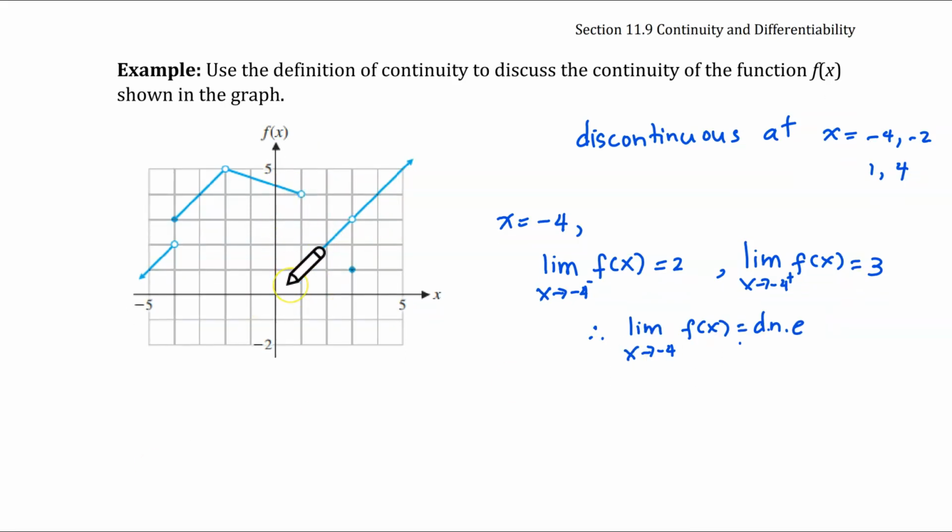That same explanation also holds for x equal to 1. At x equals 1, we could say that the limit of the function does not exist because its left-hand limit is not the same as the right-hand limit.